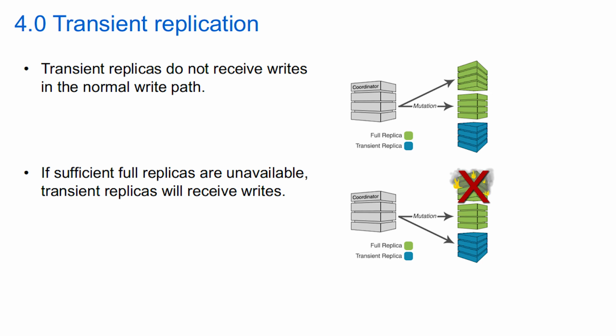The way transient replication is designed to work is that during the normal course of writing or inserting data, we are not going to send the data to the transient replica at all. We are going to send it to the actual replicas, or the full replicas. Now, in case a full replica were to go down, then the transient replica will receive the data, and not otherwise.